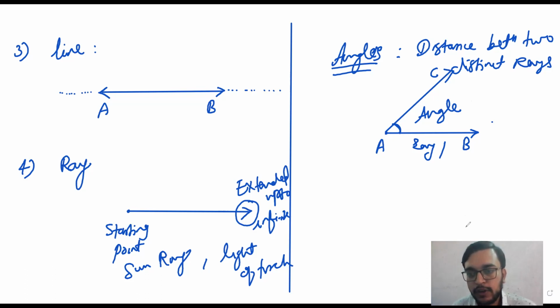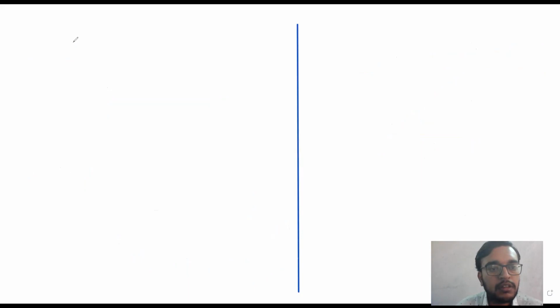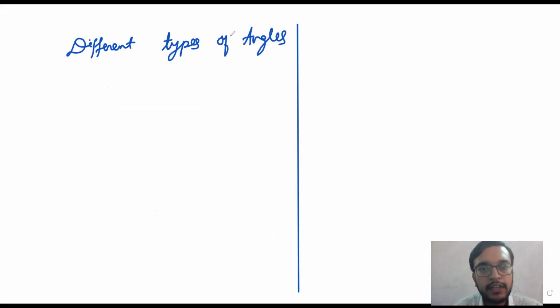Now let us understand what the different types of angles are. Consider the first one, this is ray AB, and the second ray also is on it.